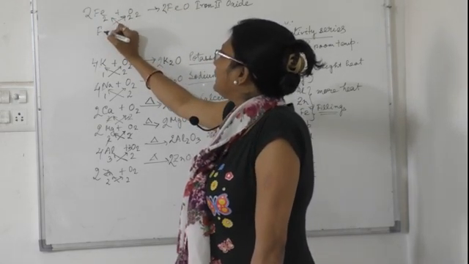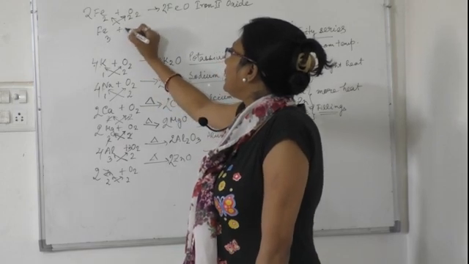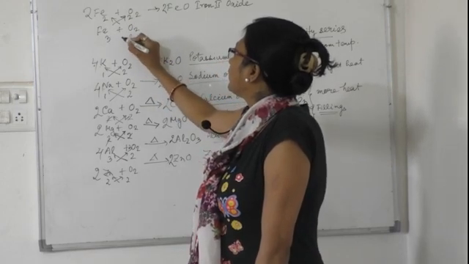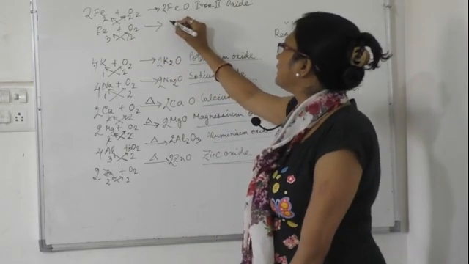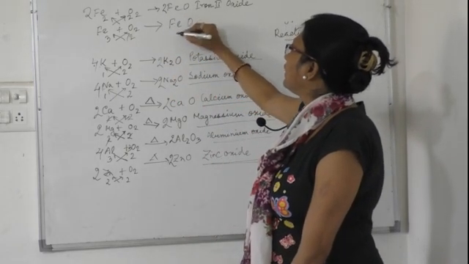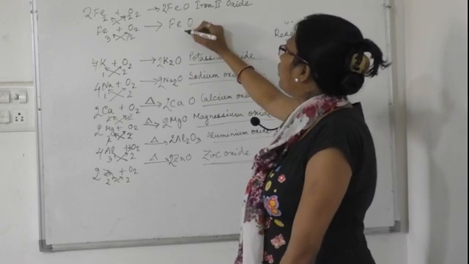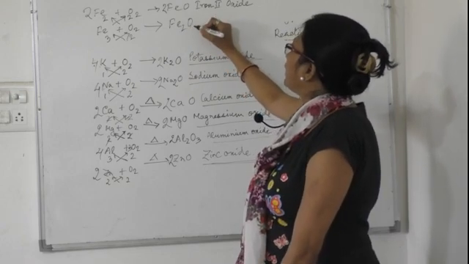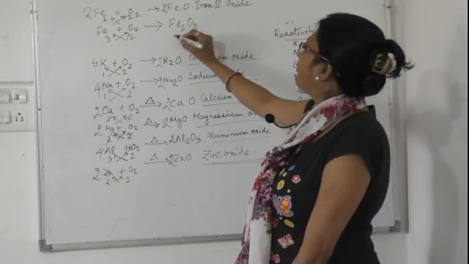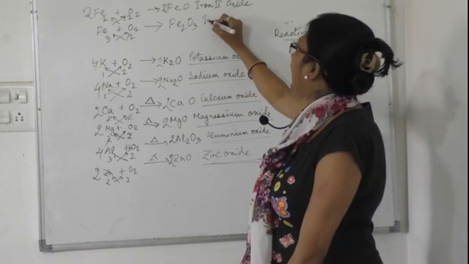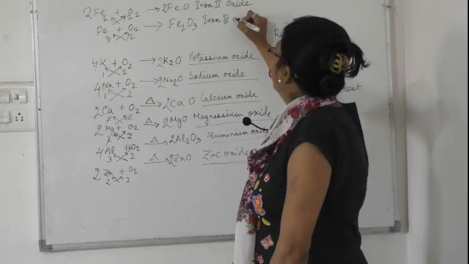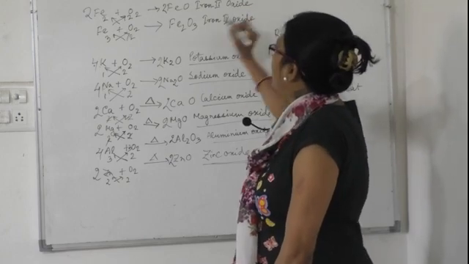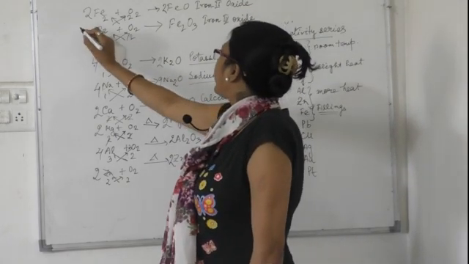And if iron is having the valency 3, then crisscross, 2 will be here and 3 will be here. Fe2O3, that is iron 3 oxide.